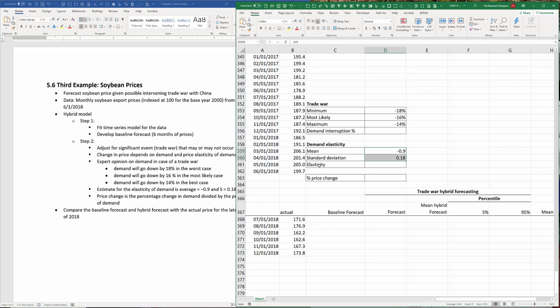We're going to assume that the elasticity follows a normal distribution. So we're going to use a normal distribution for elasticity and a PERT distribution for the demand change. And we'll combine those two to come up with a percentage change.